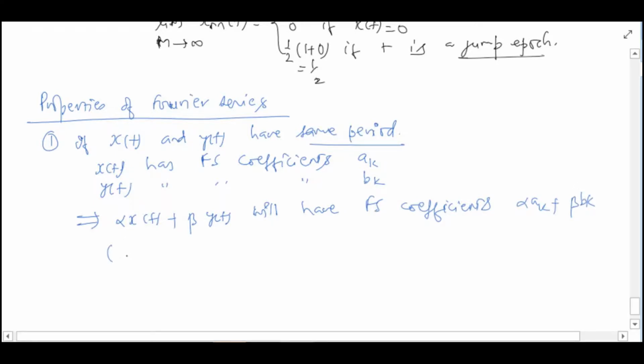This property is referred to as linearity.